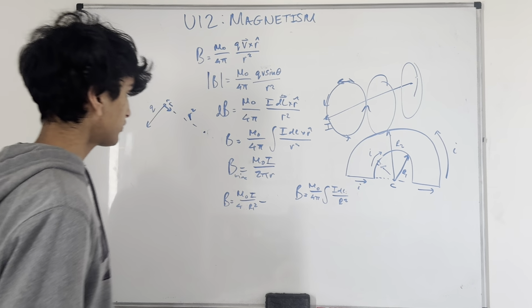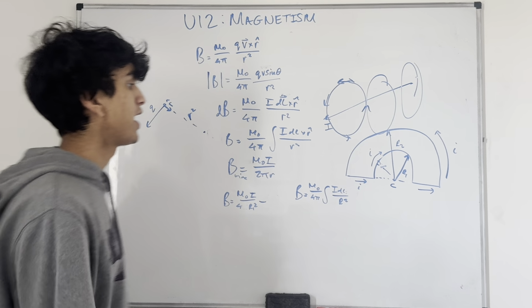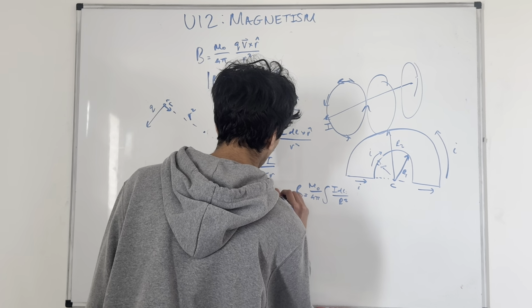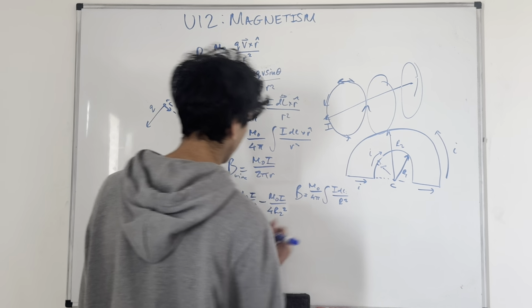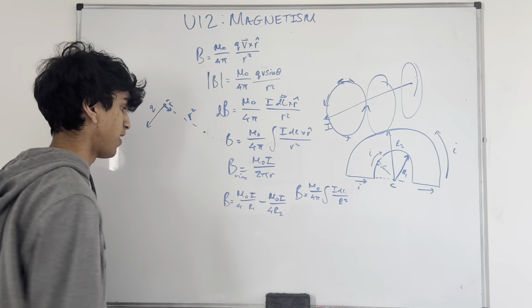It's the same thing for r2, but now it's going to be mu naught times I over 4 r2, not squared, because one of the r's drops.